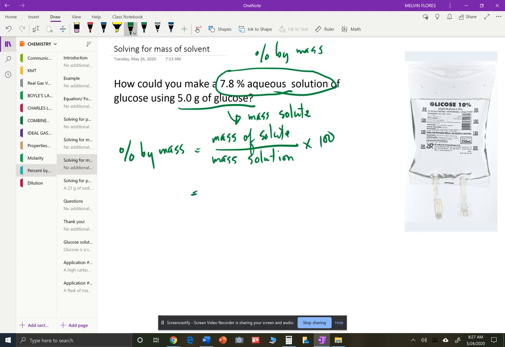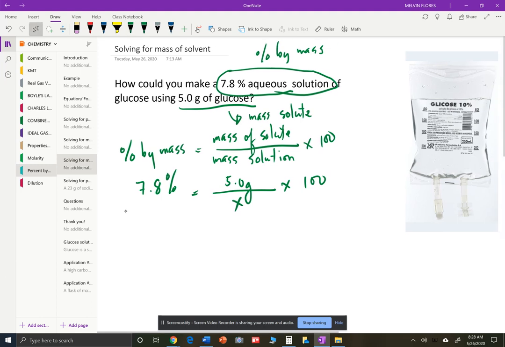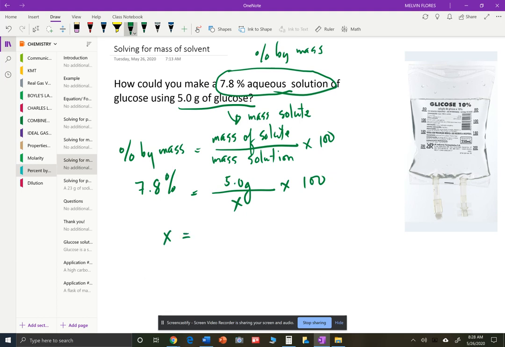Our percent by mass is 7.8%, and the mass of solute is 5.0 gram of glucose divided by the mass of solution, which is what we're looking for, and then multiply by 100. So if we're looking for X, the mass of solution equals 5.0 times 100 divided by 7.8.